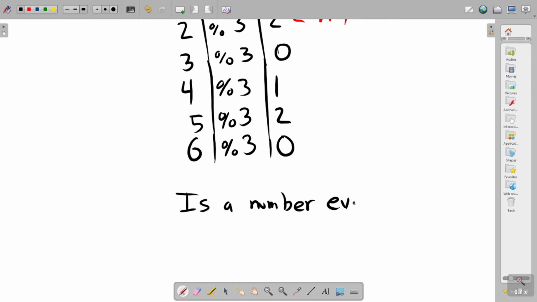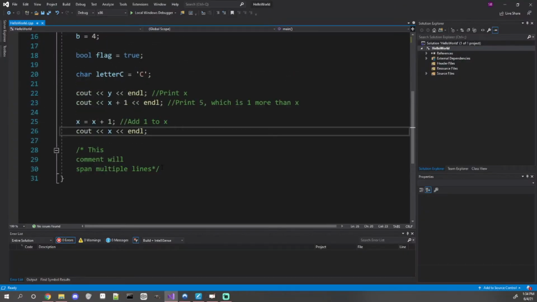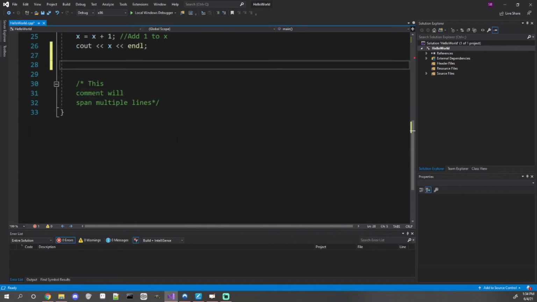Let's go ahead and program this. So let's swap over to Visual Studio really quick, and I'll just add on to what we had in last part. What I'll do here is I will create a variable called int number, and I'll just set it to whatever we want.